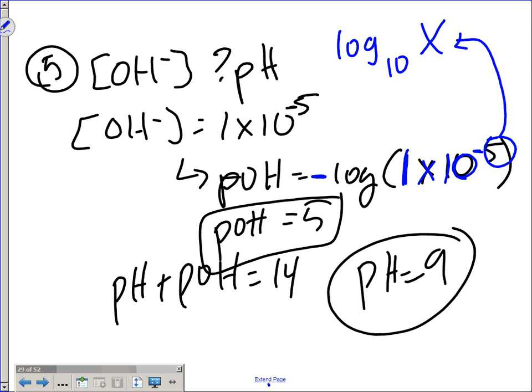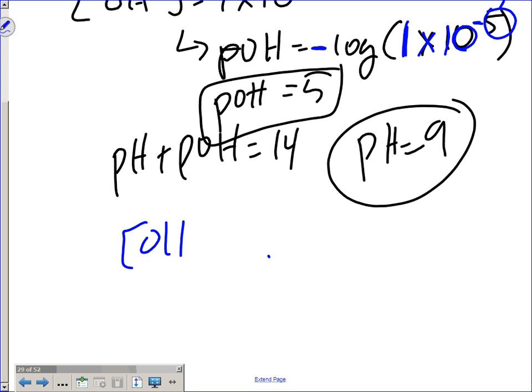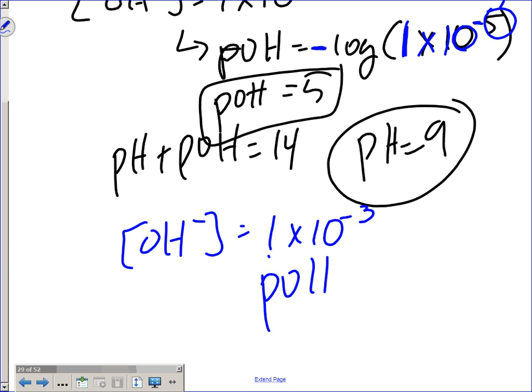So if I give you a concentration of hydroxide of 1 times 10 to the negative 3, hydroxide doesn't allow you to solve for pH, right? It allows you to solve for what? pOH, right? So pOH equals, using our log logic, because we have 1 times 10 to the negative 3, then what is pOH? 3. This exponent is whatever you are solving for.